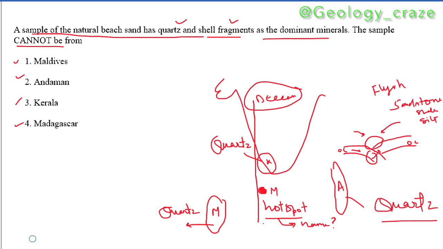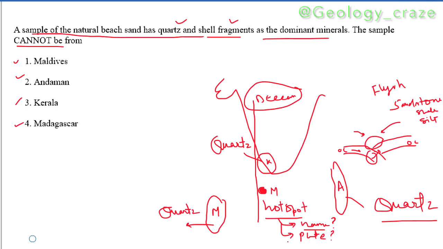Tell me the name as well as the present position of this hotspot: is it present within the Indian plate or not? If it is not within the Indian plate, which plate? Just mention the plate name also. This kind of question they generally ask in the exams.